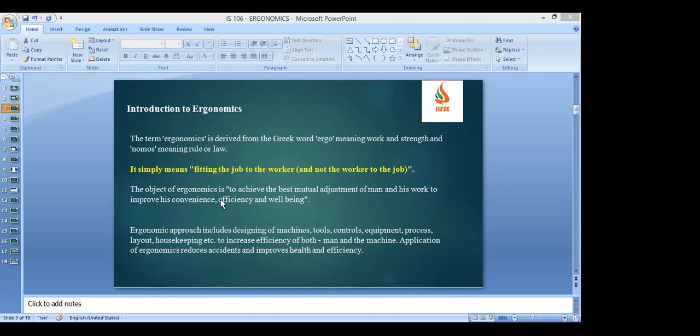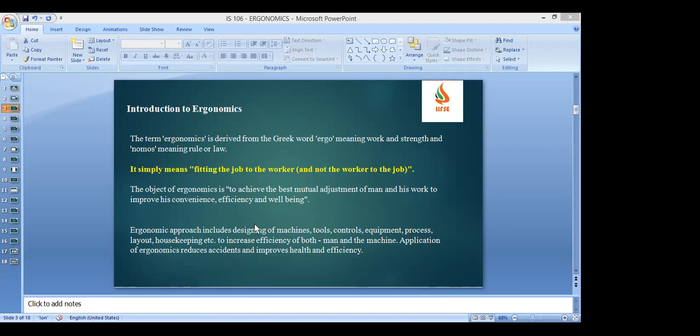The objective of ergonomics is to achieve the best mutual adjustment of man and his work to improve his convenience, efficiency and well-being. So what are we doing? We are syncing the person and the work he does.